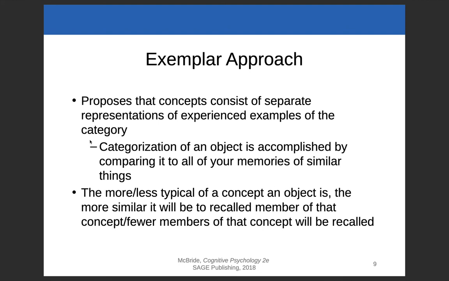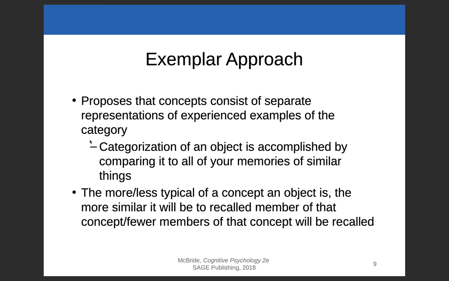So for each category, you have a little set of examples, and anything that looks like these examples is a member of that category. It's kind of like the prototype approach, because you're comparing it to different examples, but it's not like the prototype approach, because in the prototype approach, you crunch together all of the examples that you see to form one common prototype.